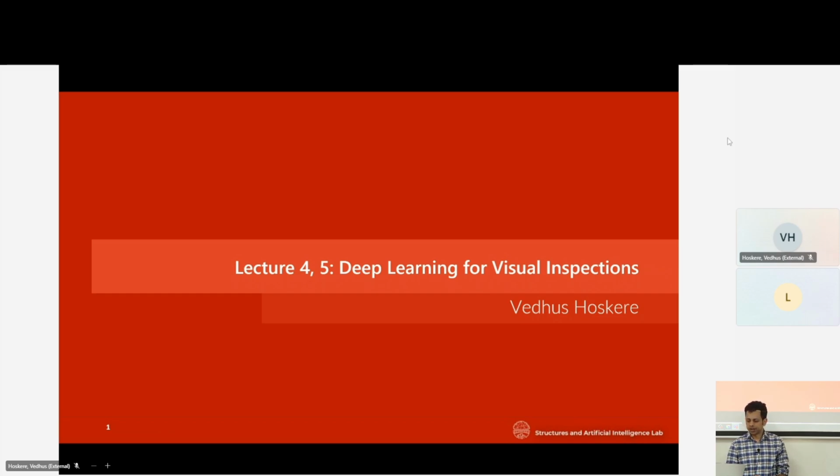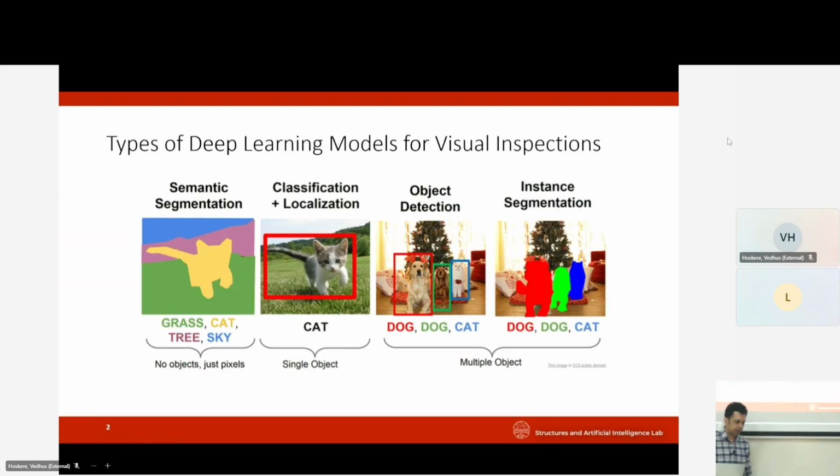With deep learning, we are interested in trying to automatically understand what's happening in an image using some sort of ground truth data. So let's get into some different ways we can extract useful information with deep learning. Here I have 4 common types of methods. We have semantic segmentation, which we've spoken about already, where you classify each pixel in an image.